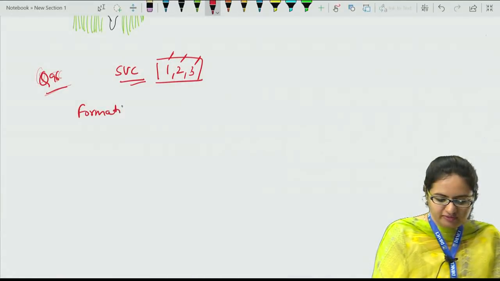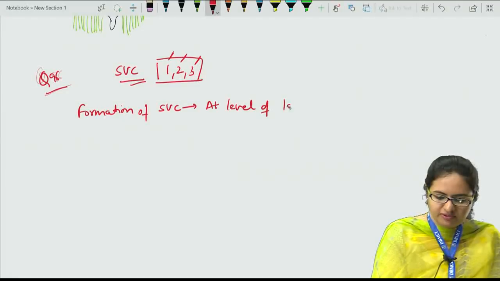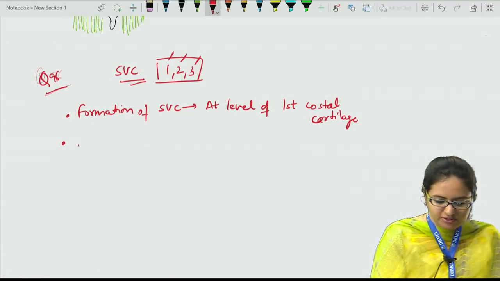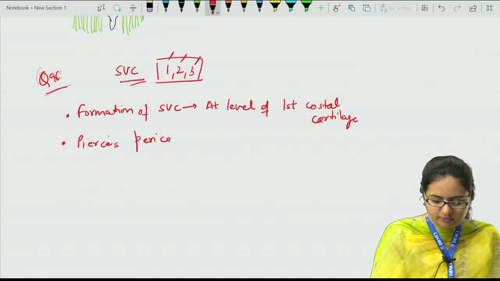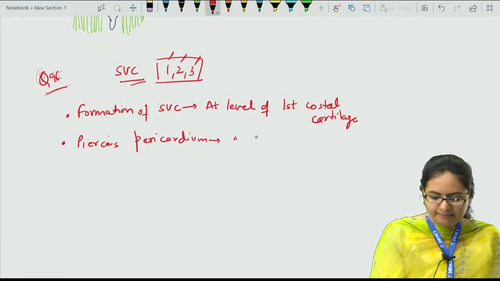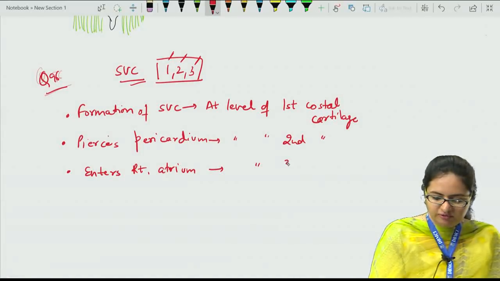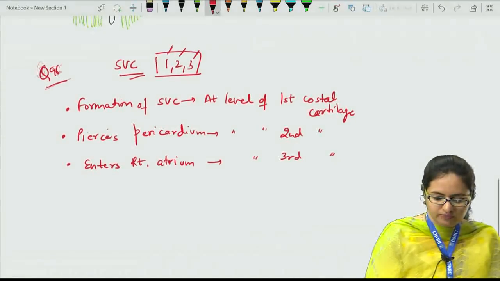So the formation of the superior vena cava is at the level of the first costal cartilage. Then it pierces the pericardium at the level of the second costal cartilage, and it enters the heart, or the right atrium, at the level of the third costal cartilage.